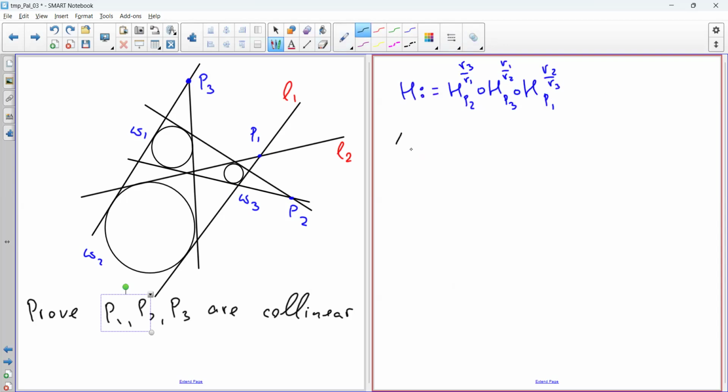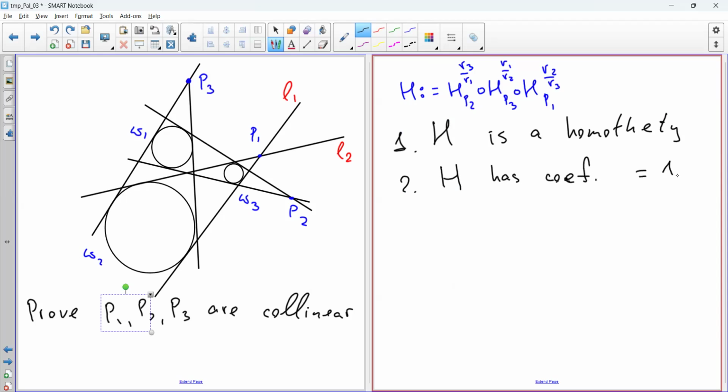Then we have several statements. First, H is a homothety. Second, H has coefficient equal to 1. There is actually an exception here, which I wouldn't write down, because it makes the statement less nice.